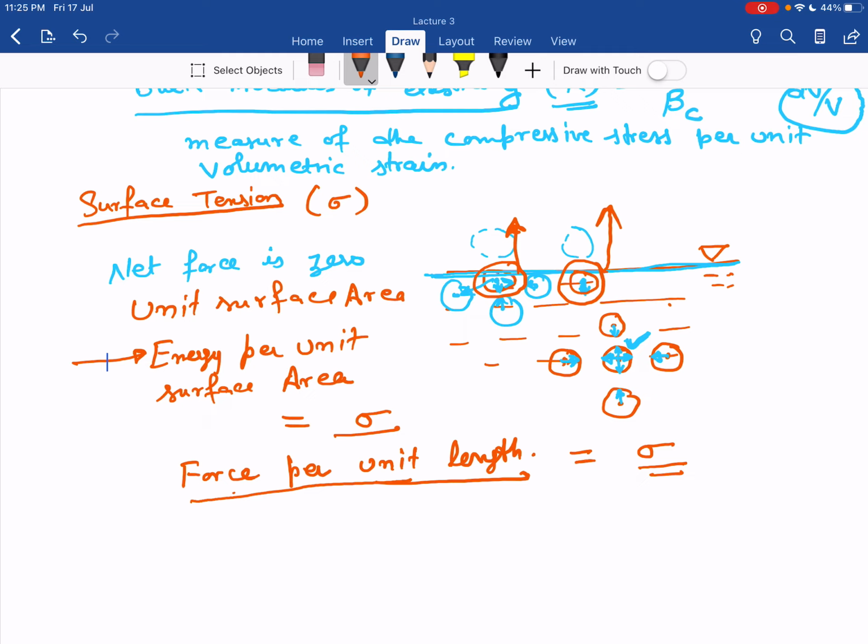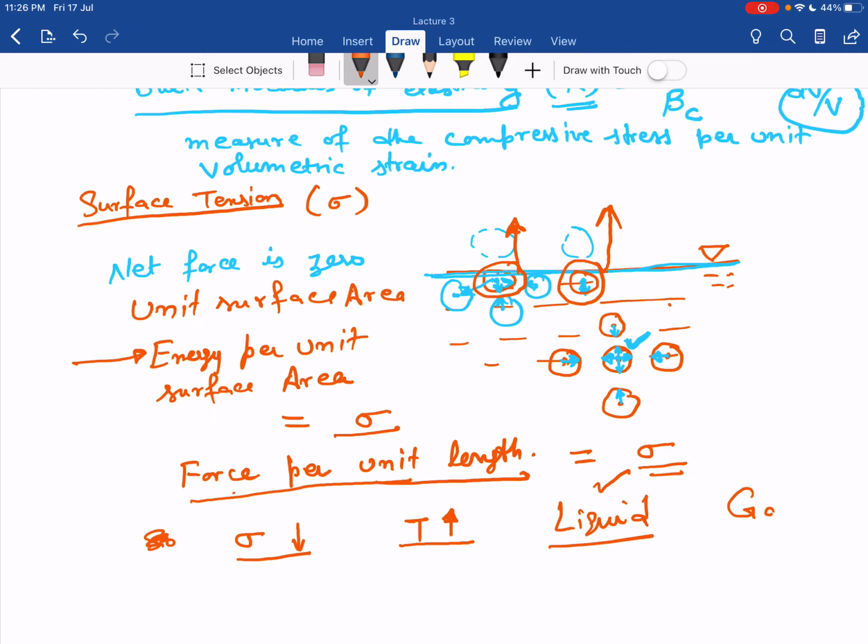Now further, this surface tension drops with the rise in temperature. Again, this is due to the reduction of cohesive force with the increase in temperature. So surface tension decreases when we increase the temperature of the liquid. Now this concept of surface tension is seen only in case of liquids.